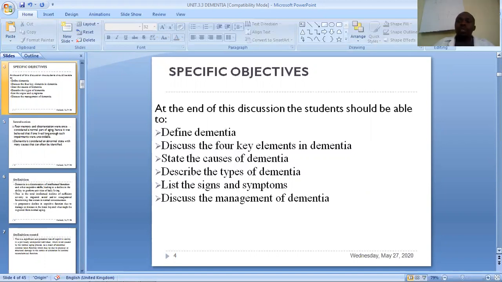Students should also be able to come up with the drugs that are used, especially the dosage, the frequency, the duration, and some side effects, not forgetting the mechanism of action for each drug. Finally, students should be able to come up with the nursing care for someone with dementia, under the last objective, which is management of dementia.